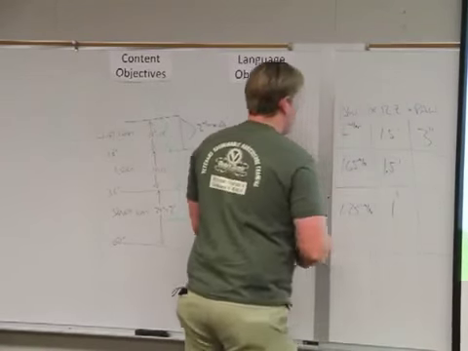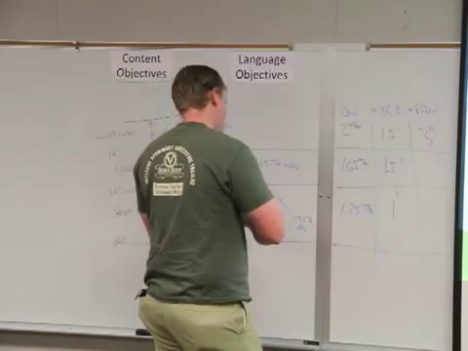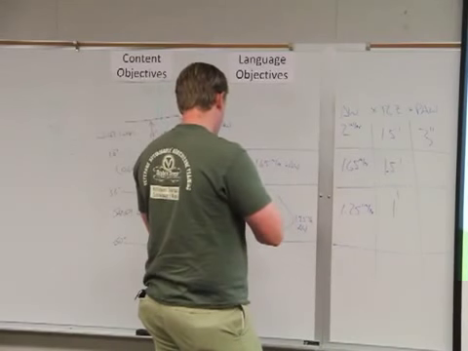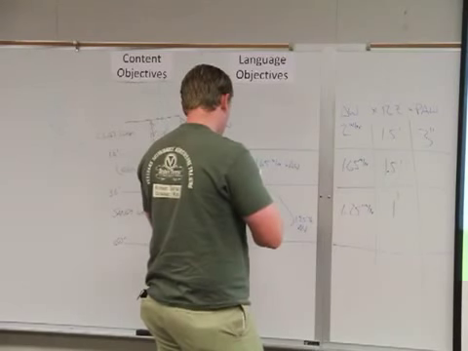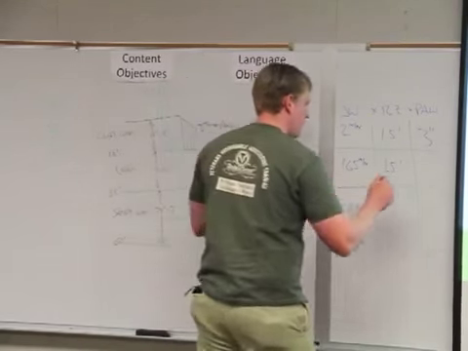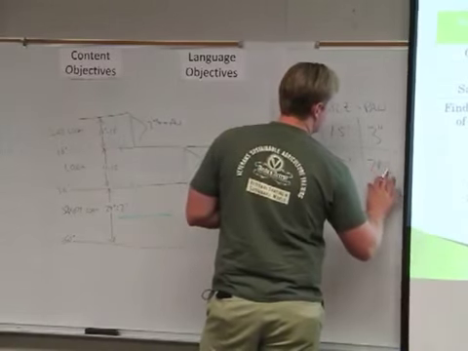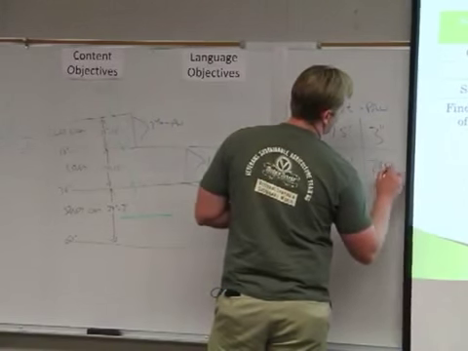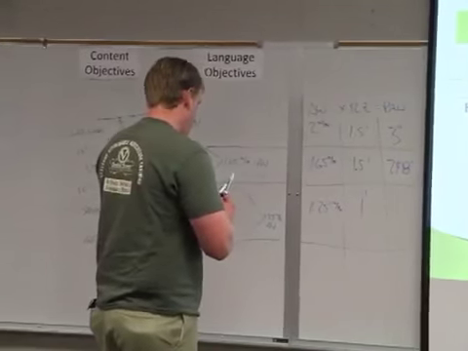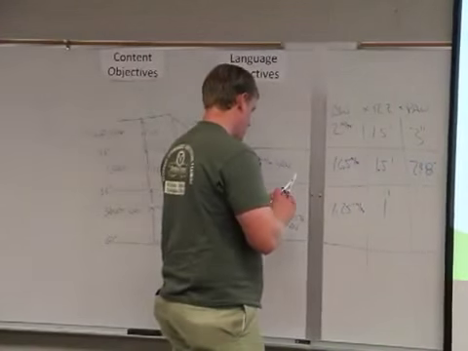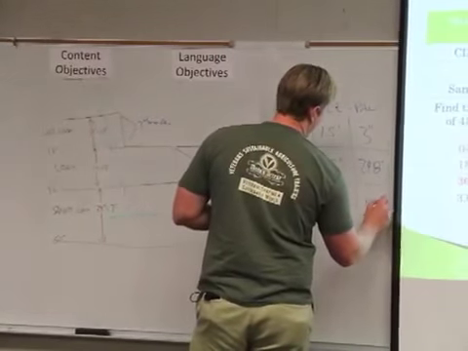All right. 1.65 times the 1.5 is equal to 2.475. I'm going to go ahead and round up to 2.48 inches. And the 1.25 times 1 is equal to 1.25, right?